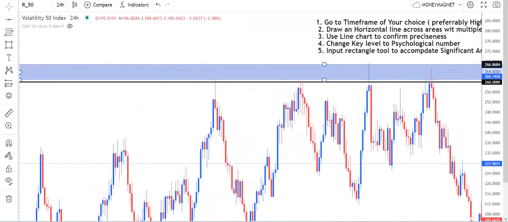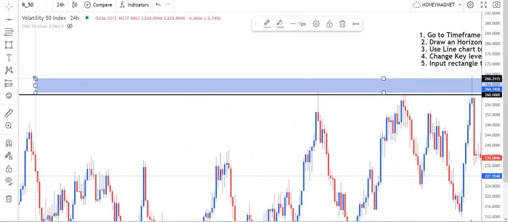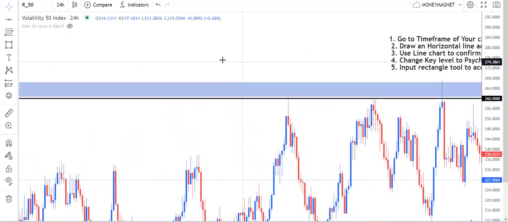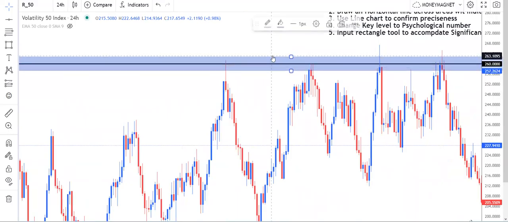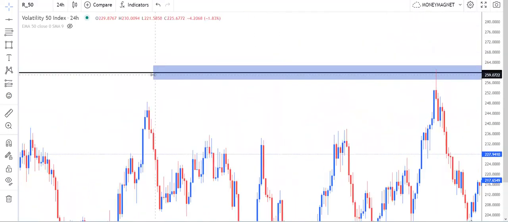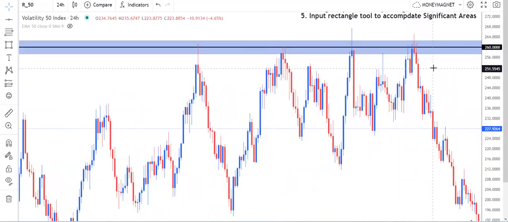Now, this is very necessary, guys, because you don't get to treat key levels as just a line. As a matter of fact, they are areas, key areas in the market, and not just a horizontal line.